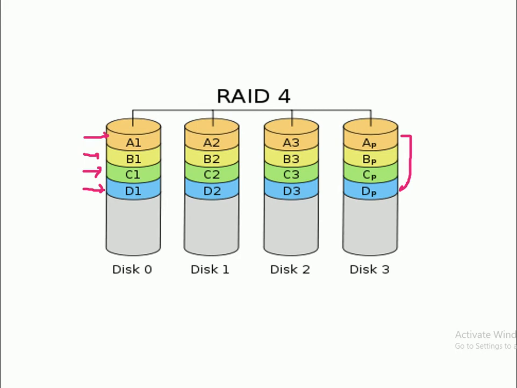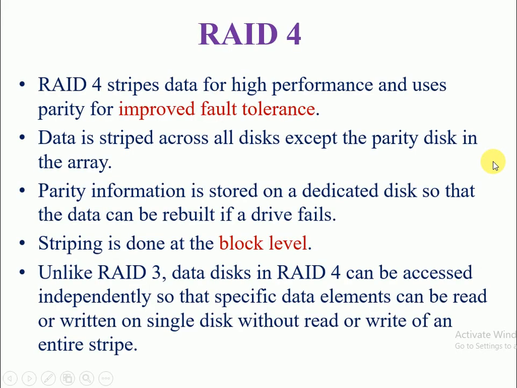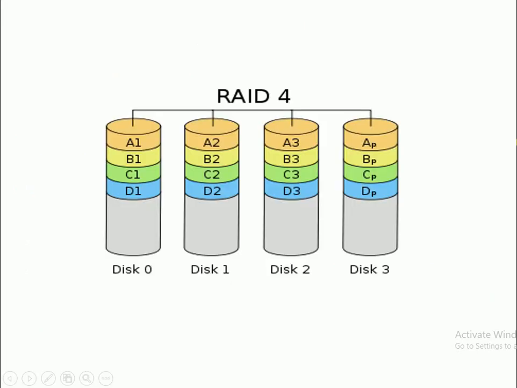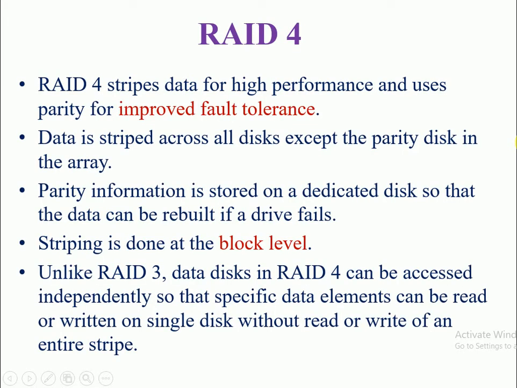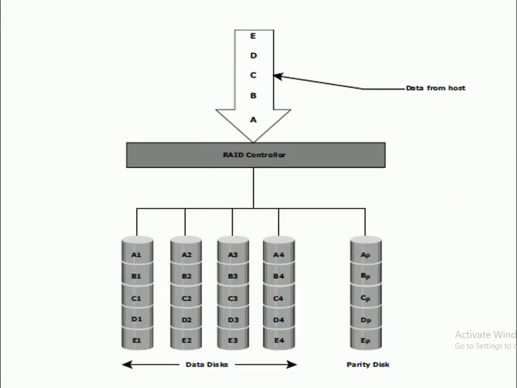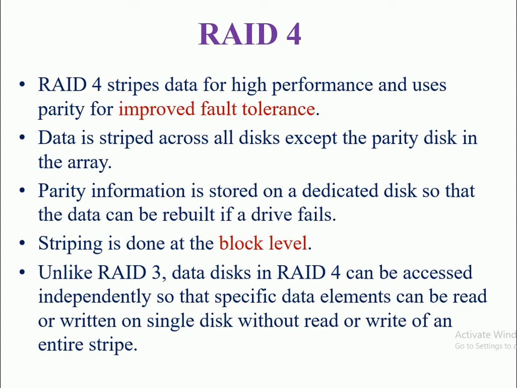So RAID 3 and RAID 4 follow almost the same structure. Data is striped across all the disks except the parity disk in the array. The parity disk is separately done. So the difference between the previous one and this one is that parity information is stored in a separate disk so that the data can be rebuilt if the drive fails, and the striping is done at the block level.